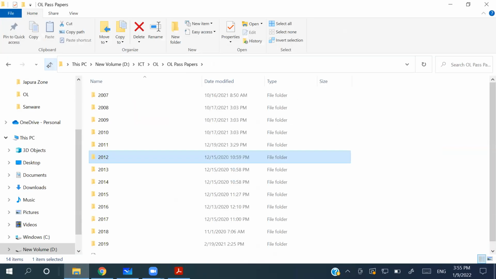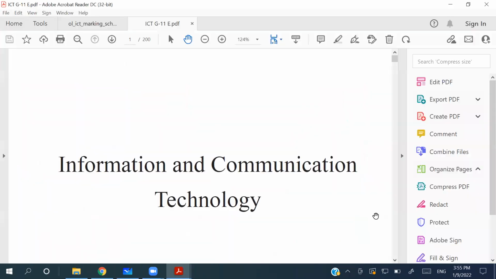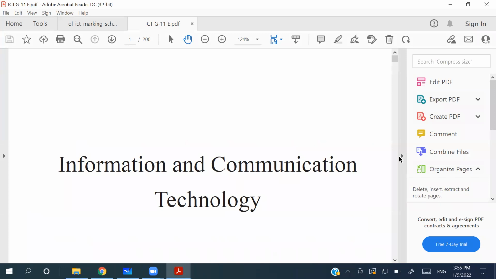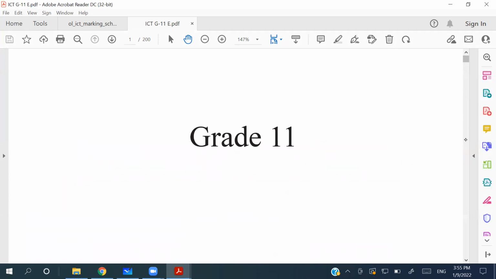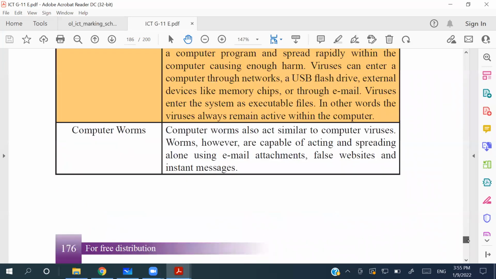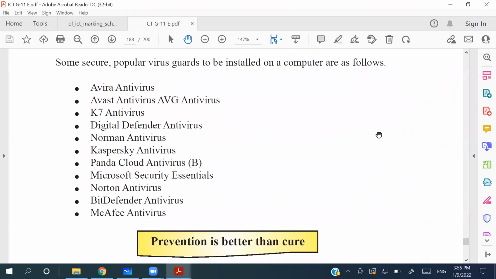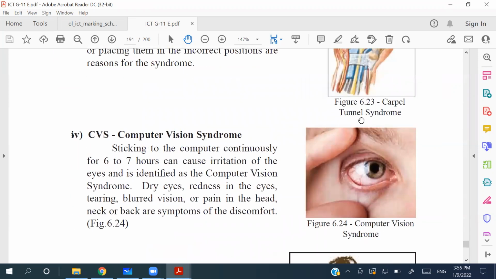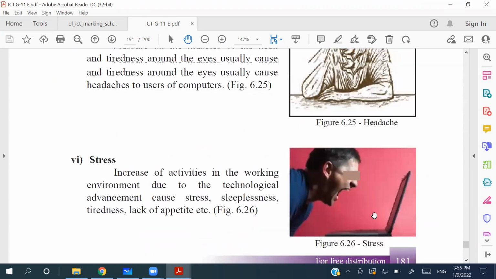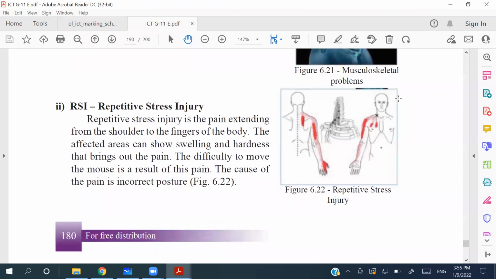Even in your notebook, when we refer to RSI, repetitive stress injuries, this is where we are talking about RSI.